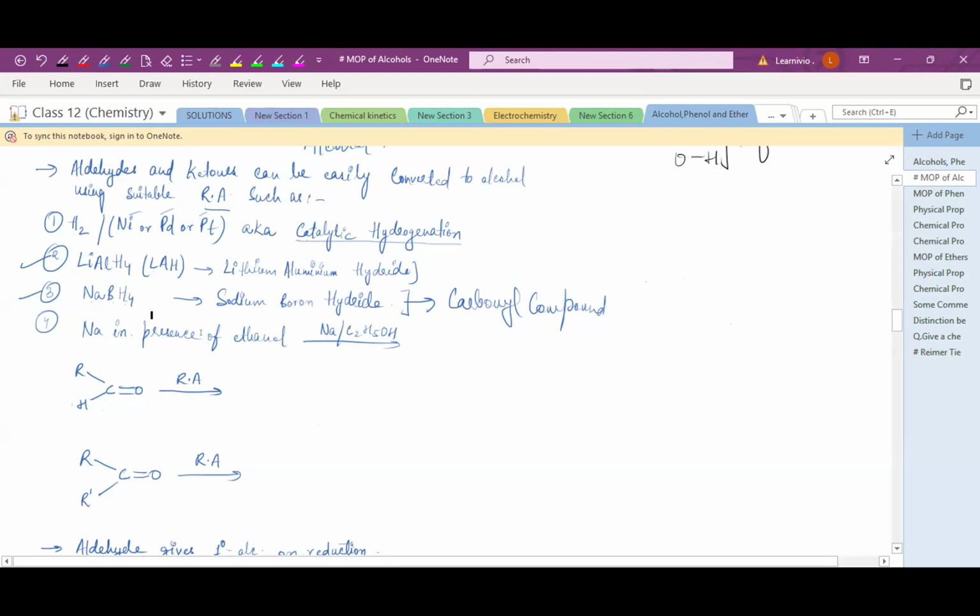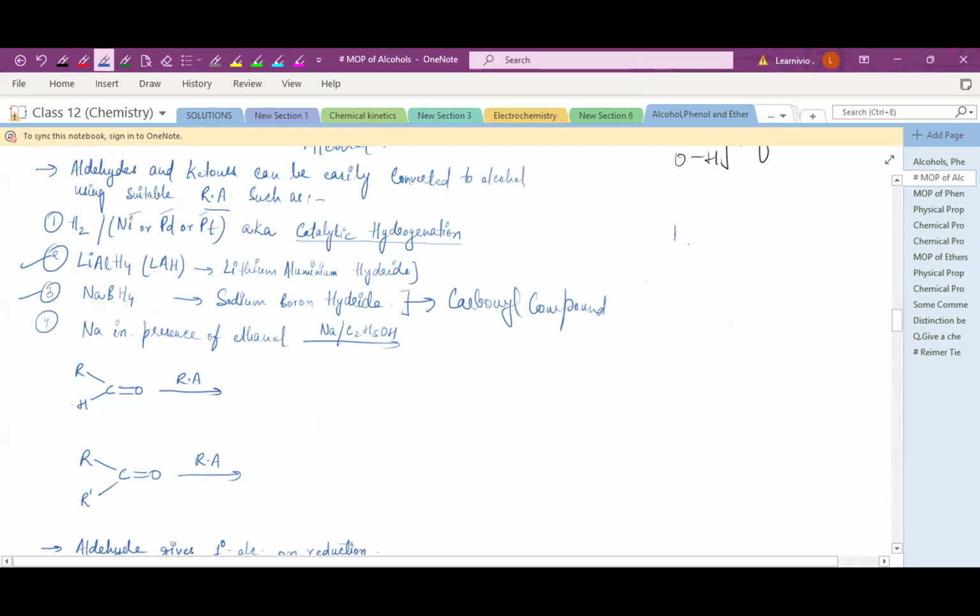Fourth one, sodium in the presence of ethanol. You can also use it as a reducing agent. Now the question is why lithium aluminium hydride is stronger compared to sodium borohydride. So let's compare NaBH4 and LiAlH4, lithium aluminium hydride.